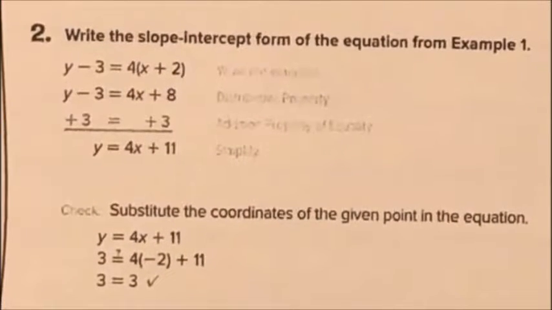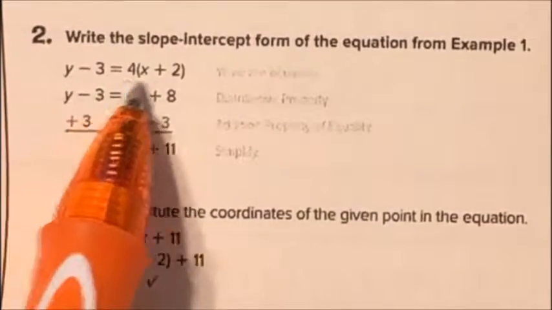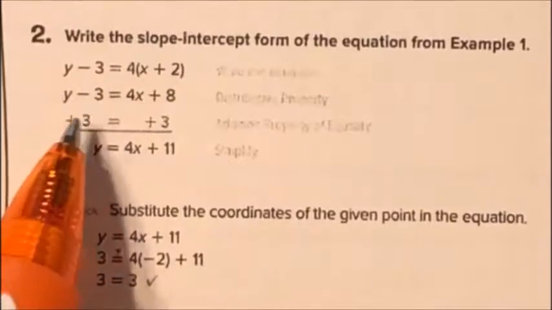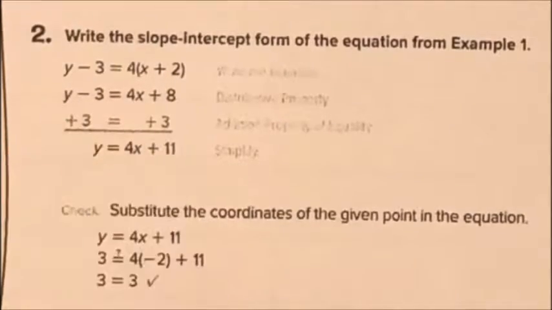Example number 2 says write the slope-intercept form of the equation from example 1. Slope-intercept form was when we had y equals mx plus b. So we're going to take this equation and solve so we have y on one side and x on the other.